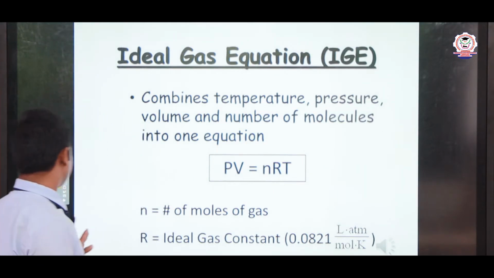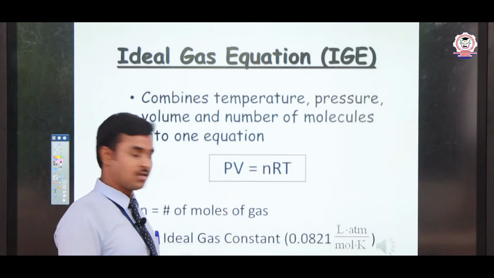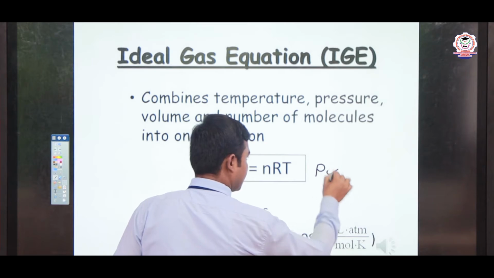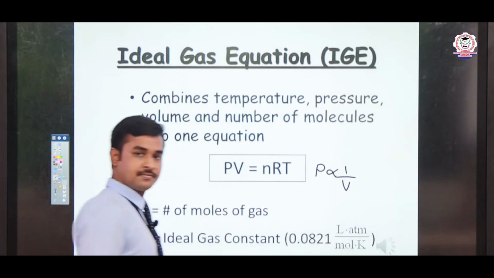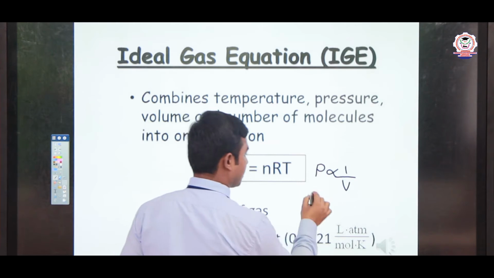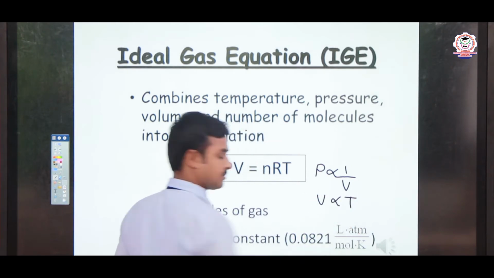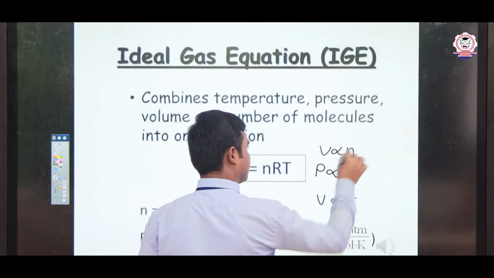From Boyle's law we know that pressure is inversely proportional to the volume. So according to Boyle's law, P is directly proportional to 1 by V. According to Charles law, V is directly proportional to T, and by Avogadro's law, V is directly proportional to n.